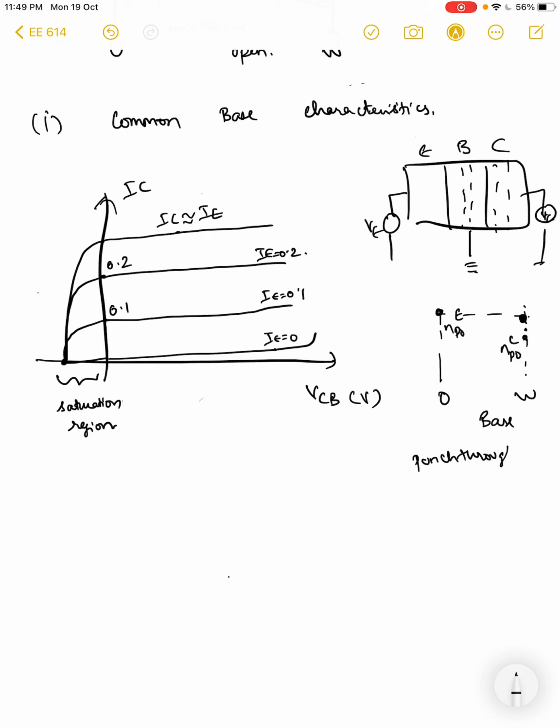Punch through happens when the depletion width from the base collector reverse bias reaches the emitter base junction. So basically your base is now completely depleted and the collector and the emitter are joined together. Then your collector current shoots up radically, or you have an avalanche breakdown, right?